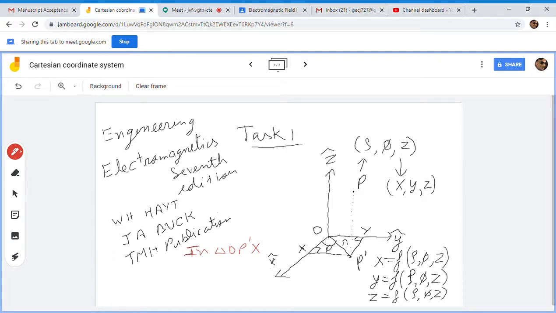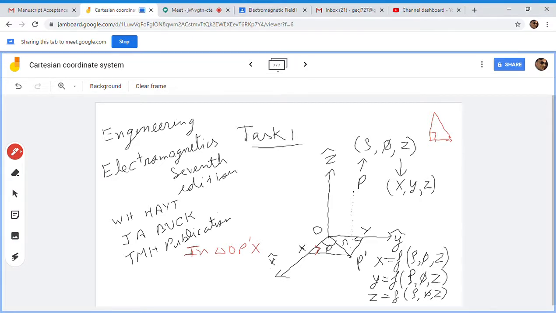So in a right angle triangle, the angle which is 90 degree is between base and height. The hypotenuse will not make any 90 degree angle. So here you can see this OX and XP dash makes your base and height.